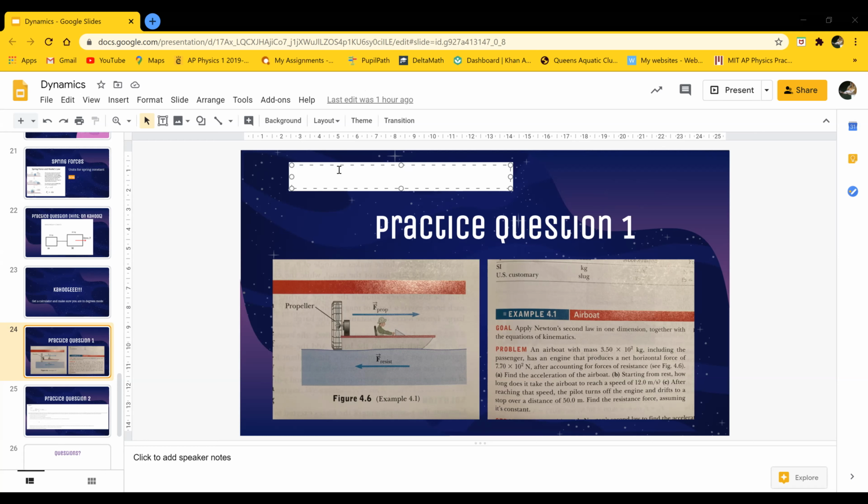So the total mass is 3,500 kilograms, and our force equals 7,700 newtons. And that's a net horizontal force.